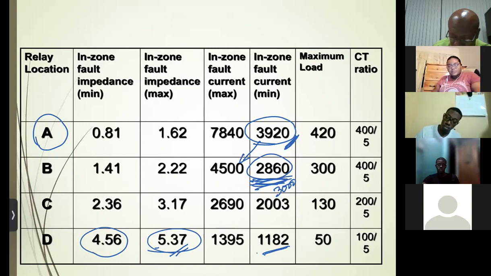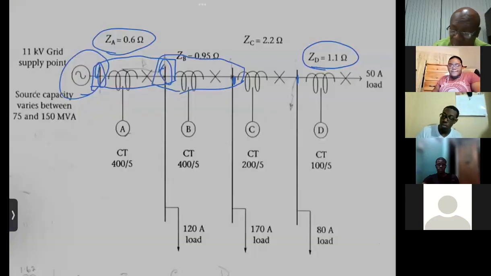So this would be 982, I think. All right, and then C would correspond to that minimum current, because the minimum fault current would occur if I went to the end of the line. The minimum in-zone fault current would have occurred up here. But the minimum that D would see would occur at the end of the line, because it would now have to go through the additional 1.1.